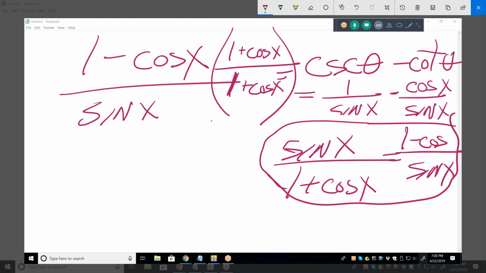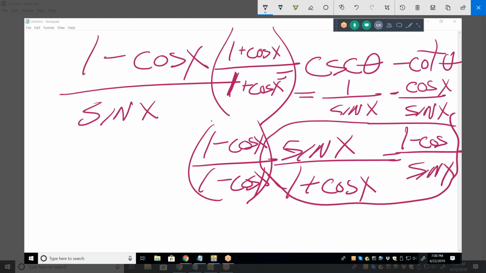So what I have to do is the same thing I did already. Multiply the left side by what? By 1 minus cosine over 1 minus cosine. In other words, I can only multiply it by the number 1. So I got to have the conjugate in the top and the bottom. And now this gives me 1 minus cosine x in the top times sine x.